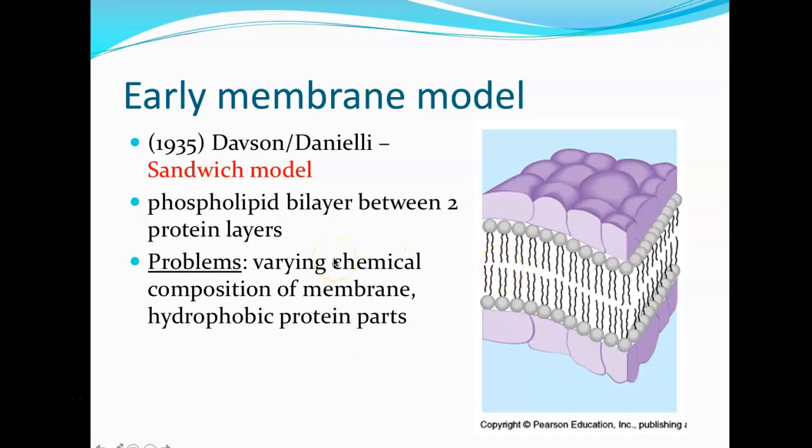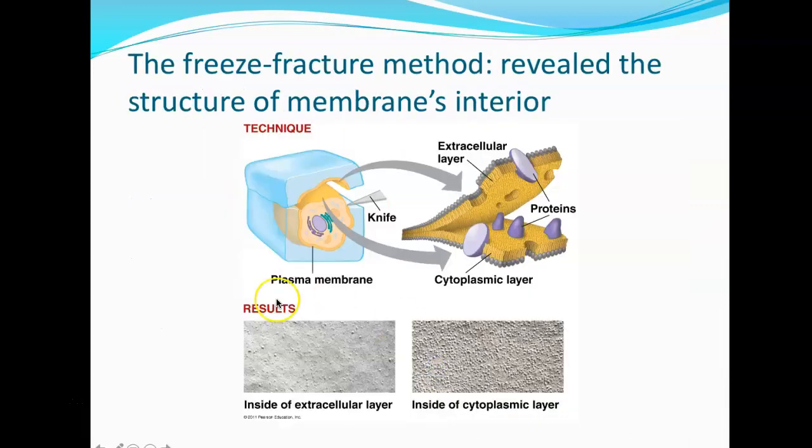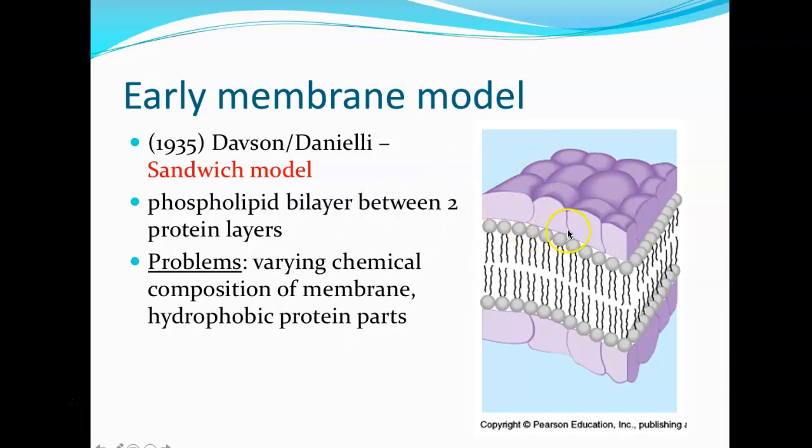So this was wrong. It looks like a sandwich. This was just an FYI, so if you didn't finish writing it down, honestly, I don't ask questions about this. I just tell you what scientists used to think so that we don't take for granted what we know now. I think it's important to see that because it's a stepping stone for what we know now.